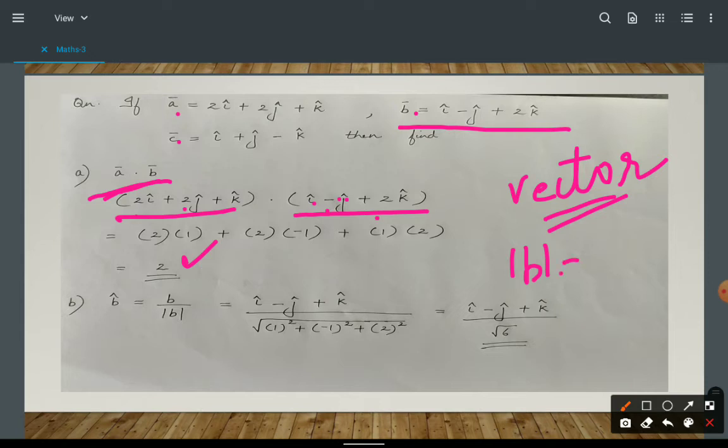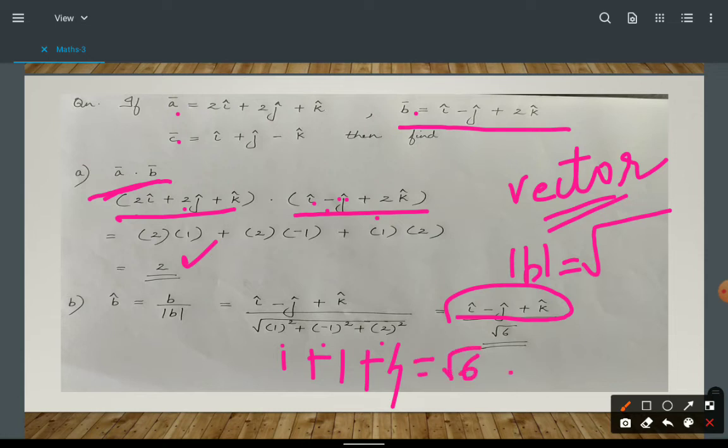That is root of all the terms of B squared: root of 1 squared plus minus 1 squared plus 2 squared. So we're getting the final answer as B cap, that is i cap minus j cap plus k cap by root of 6. That is 1 squared is 1, plus minus 1 squared is again 1, plus 2 squared is 4. So we're getting the answer as root 6.